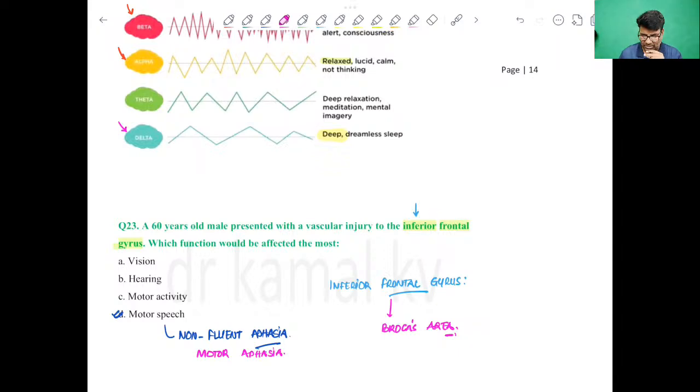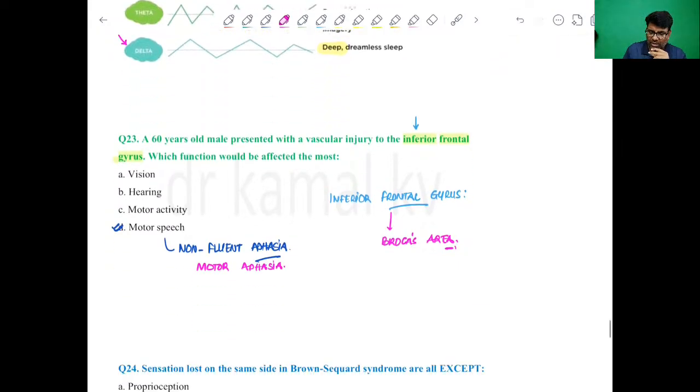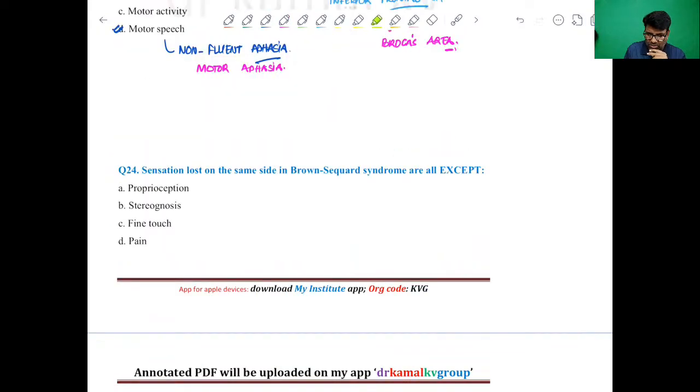The next question: sensation lost on the same side in Brown Sequard syndrome are all except.